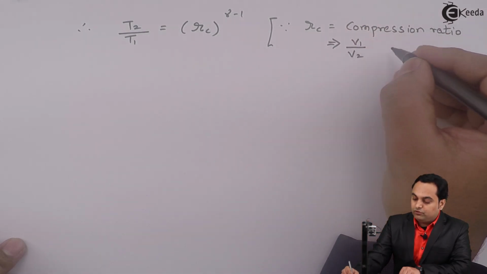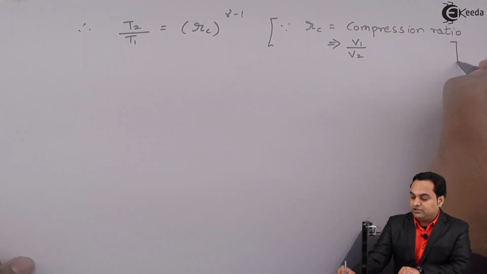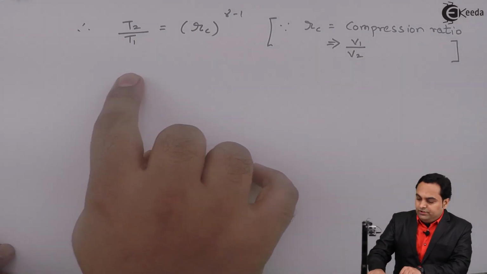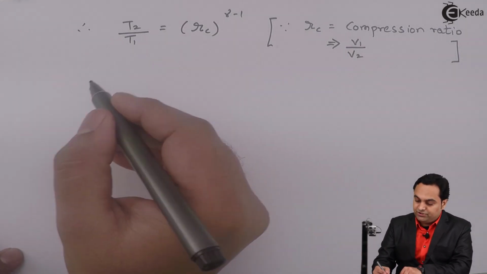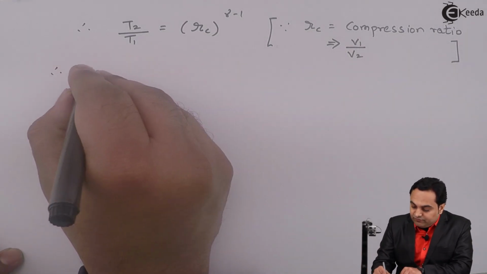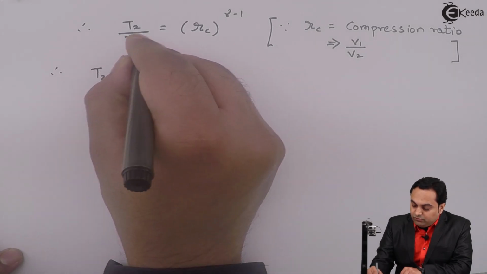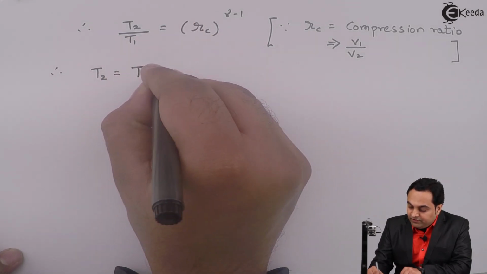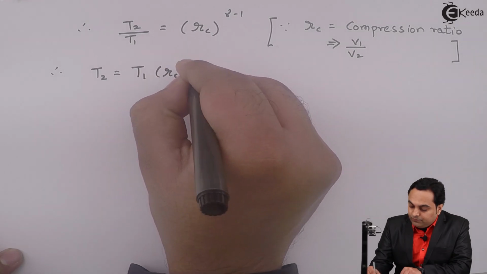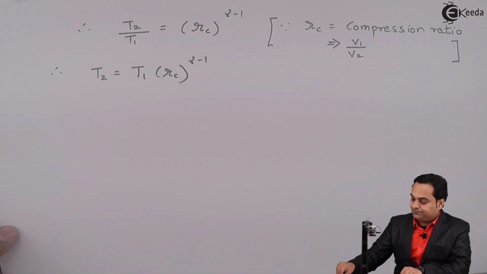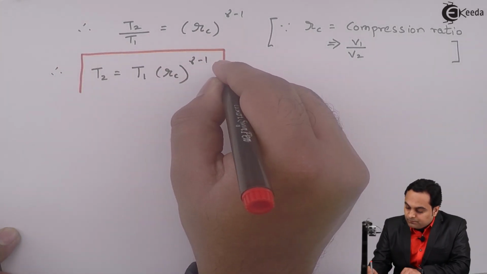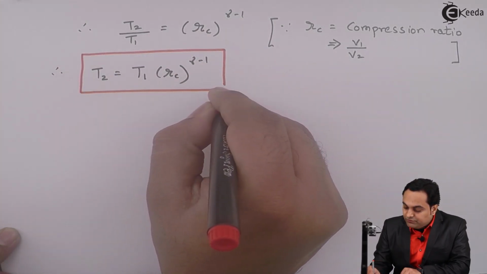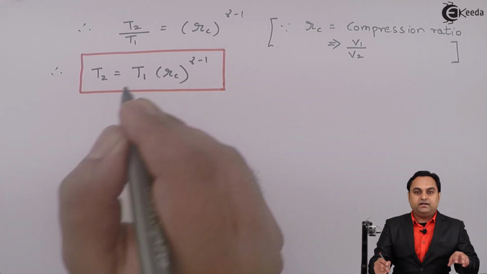So now here I am getting the relation of T2 in the form of T1 and compression ratio. Therefore T2 will be equal to, I'll send T1 onto the other side, T1 into Rc raised to gamma minus 1.